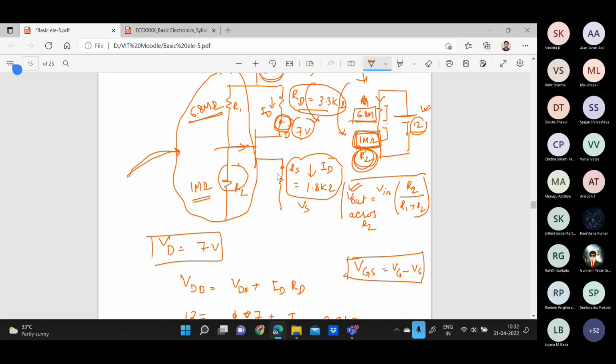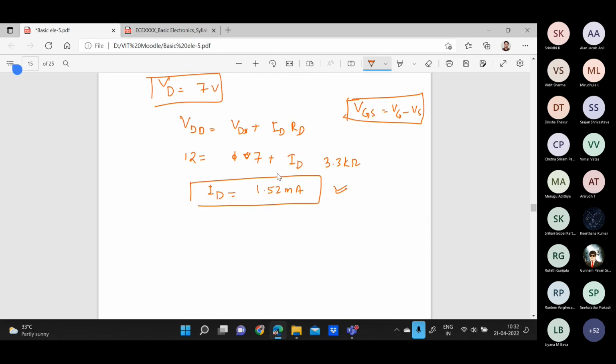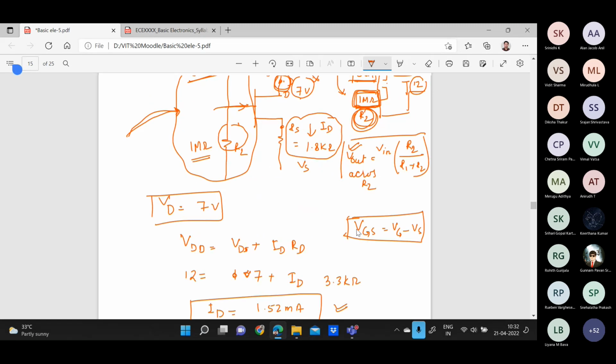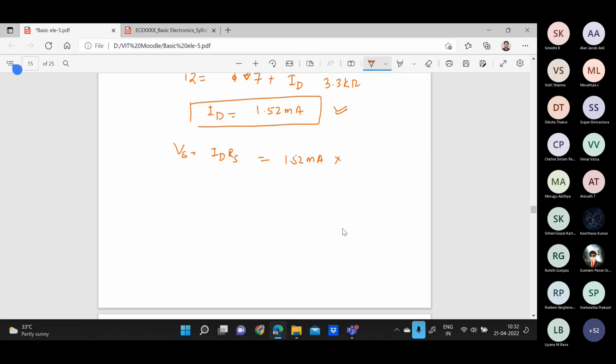Vs is equal to ID into Rs. So the value of Vs will be equal to 1.52 milliamps into Rs. Rs is 1.8 kilo ohms.